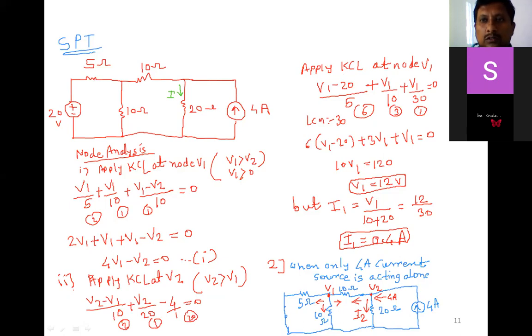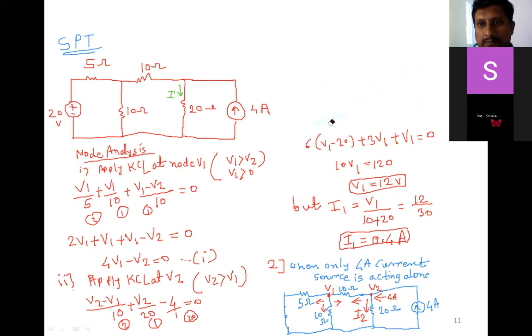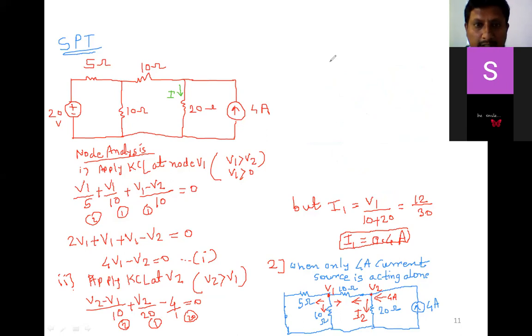So here, if you calculate that, 2V2 minus 2V1 plus V2 minus 80 is equal to 0.